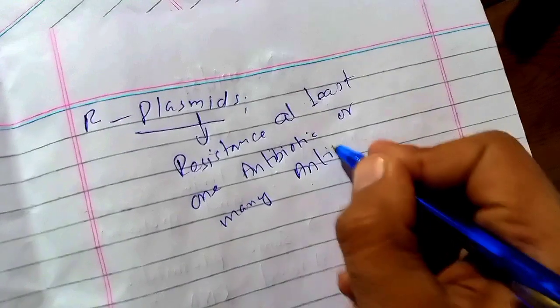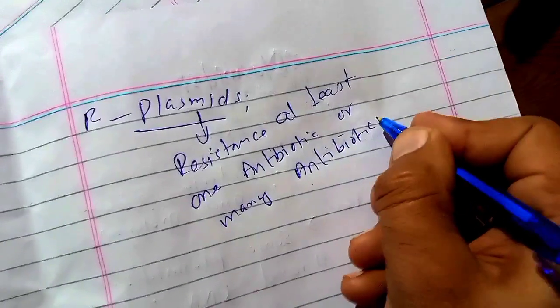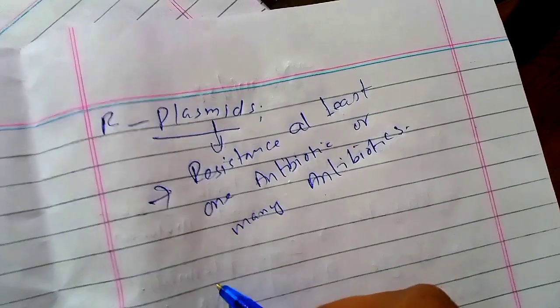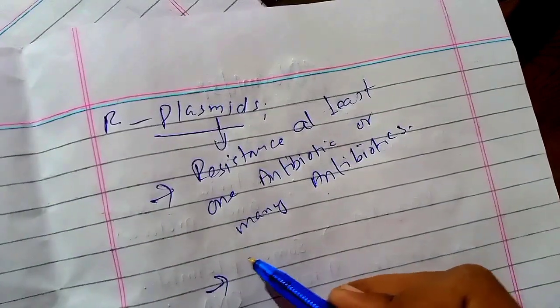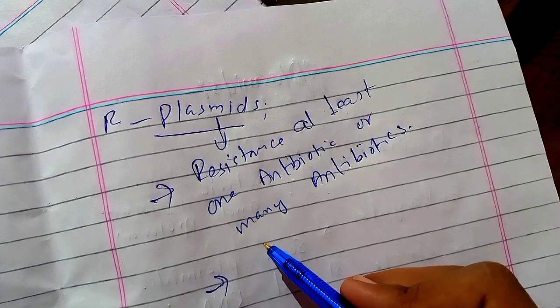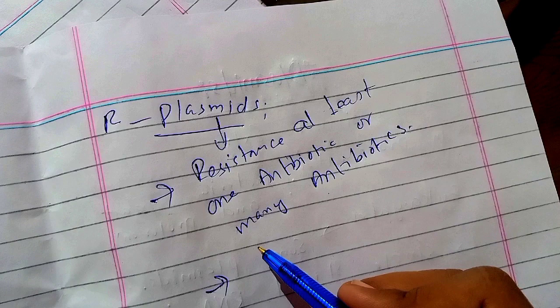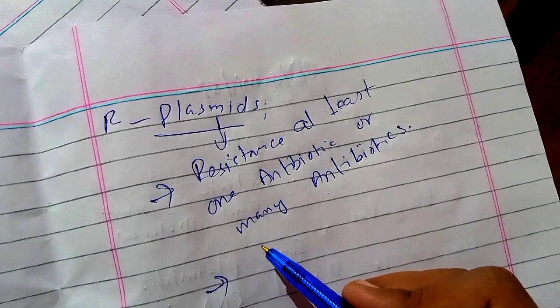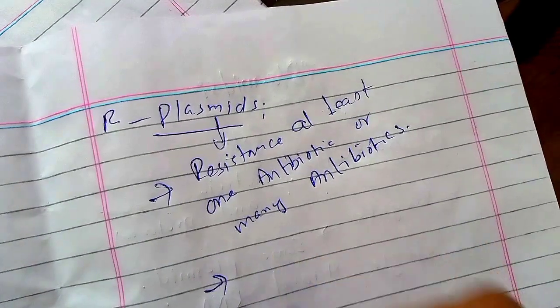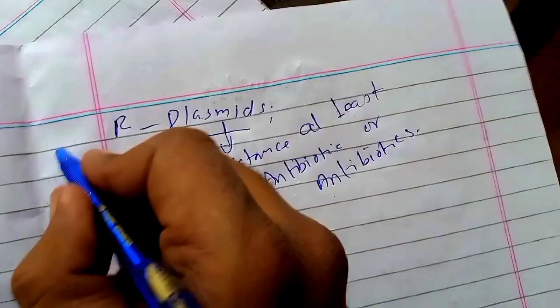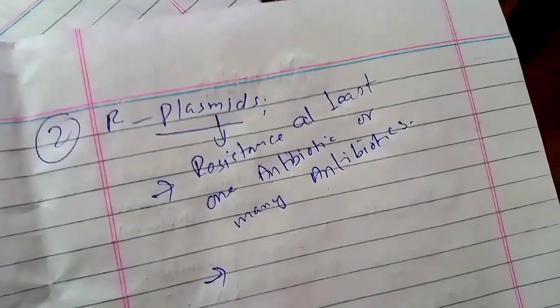This is the first ability. The second ability of the R plasmid is that it can transfer from those cells which have R plasmids to another cell in which there is no R plasmid. Now the third type is the Col plasmid.